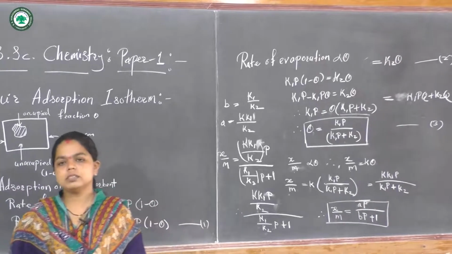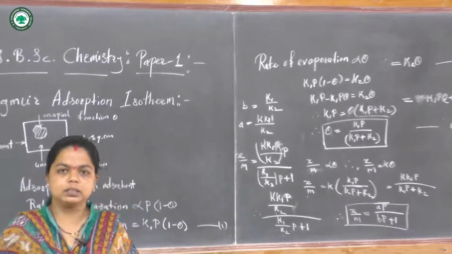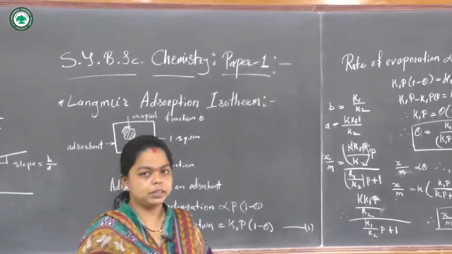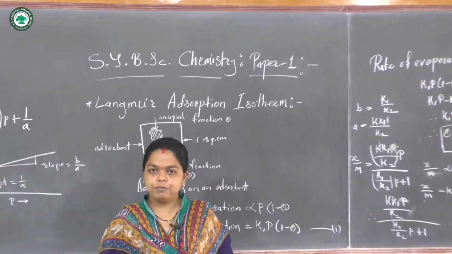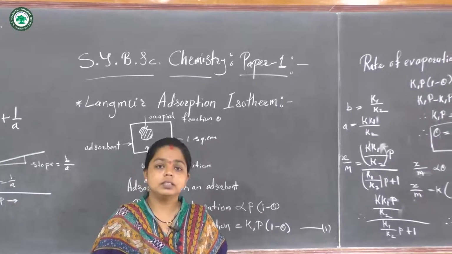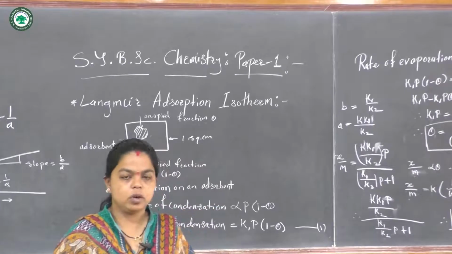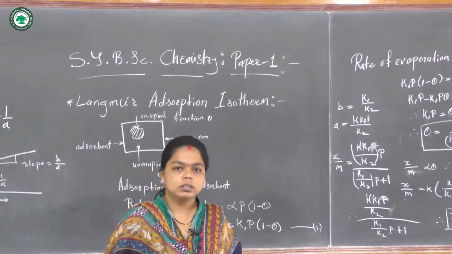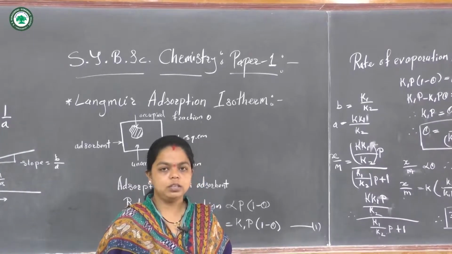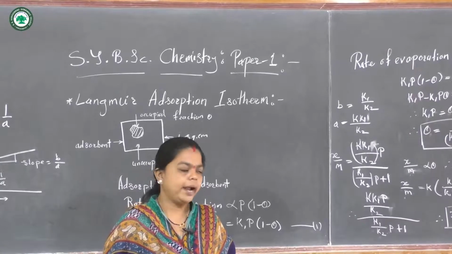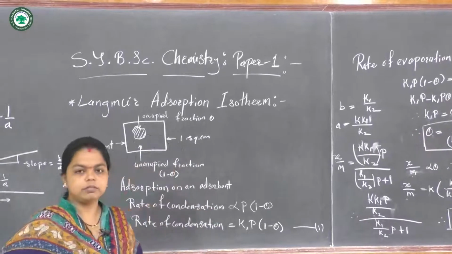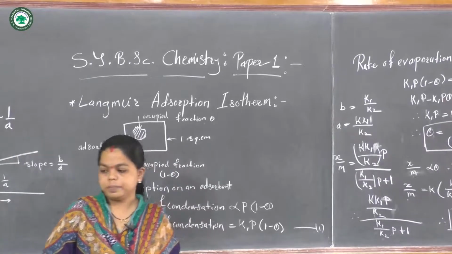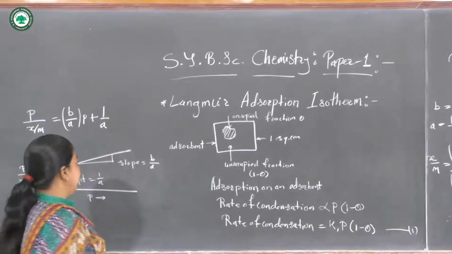Now we can study this adsorption using the graphical method. We always use the equation to plot the graph, and from this graph we can determine the value of the constants. We have already studied this type of graph for Freundlich adsorption. Now let us convert this equation into a straight line equation.